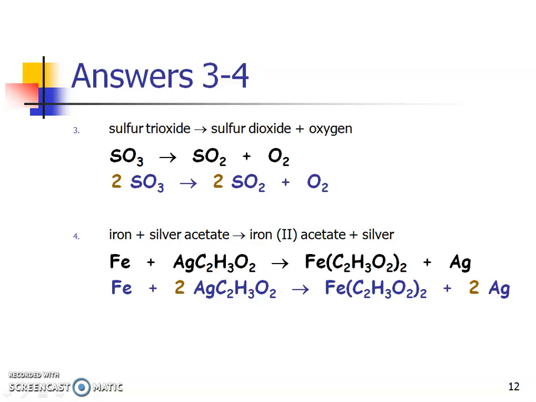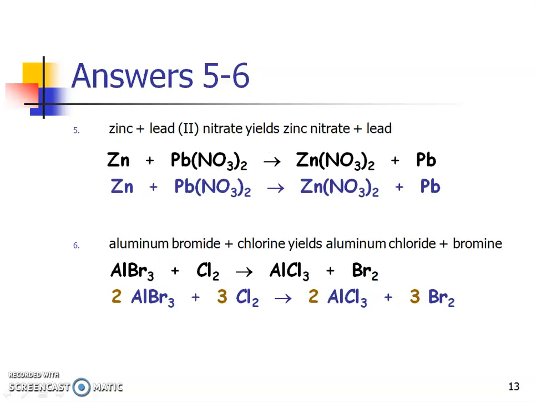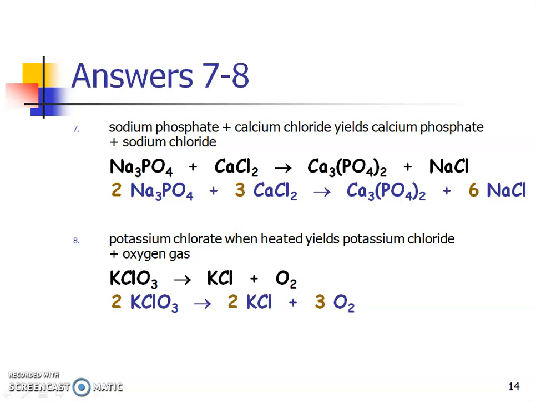Number 3 and 4. Again, number 4 has lots of elements to deal with, so it would have been up to you whether you wanted to make that list or not. 5 and 6, again, look at 5. 5 was already balanced. 7 and 8.